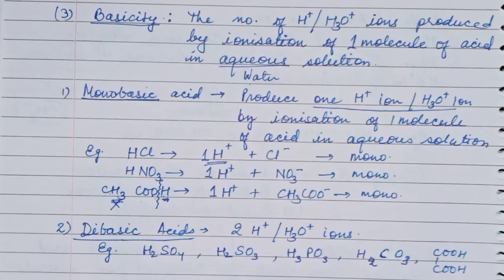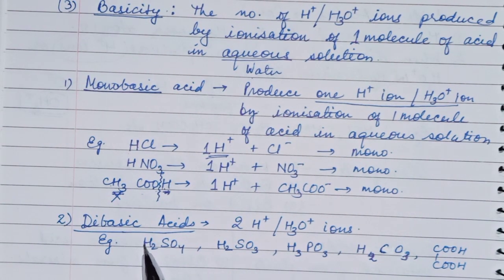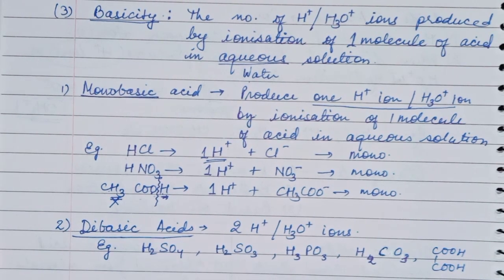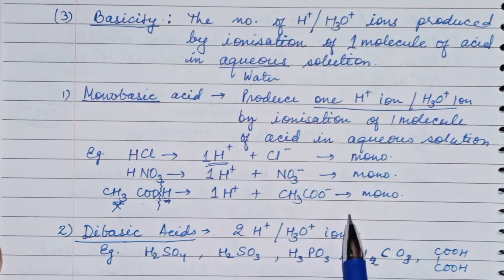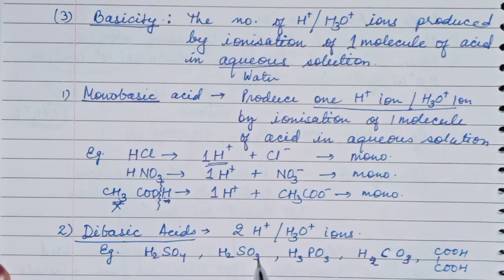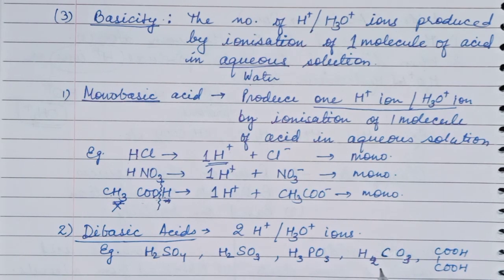Okay. Next is dibasic. Dibasic means they will produce two H plus ions or H3O plus ions when they are dissolved in water. Some examples are: H2SO4 sulfuric acid, H2SO3 sulfurous acid, H3PO3 phosphorus acid, H2CO3 carbonic acid, and (COOH)2 oxalic acid. So these are examples of dibasic acids.